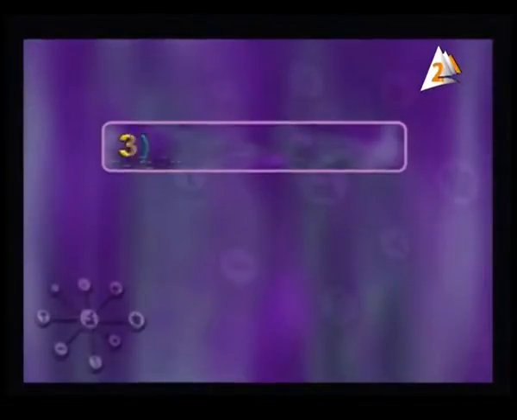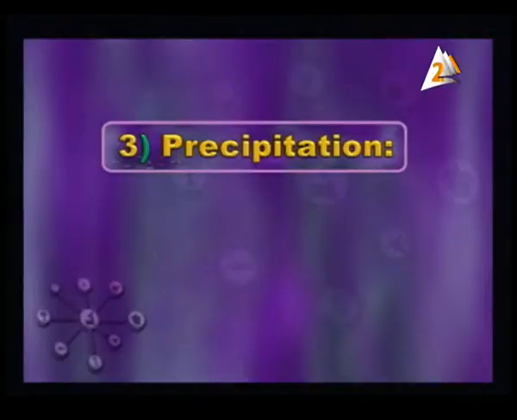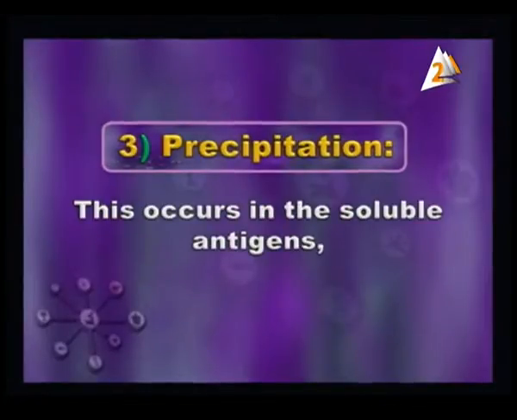Now, the third mechanism is precipitation. This occurs with soluble antigens, in which the binding between antibodies and these antigens leads to the formation of insoluble antigen-antibody complexes, which form a precipitate to facilitate engulfing by phagocytes.